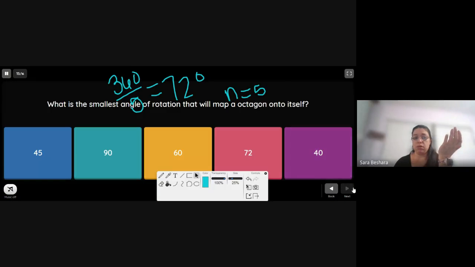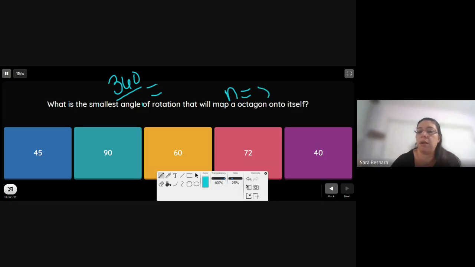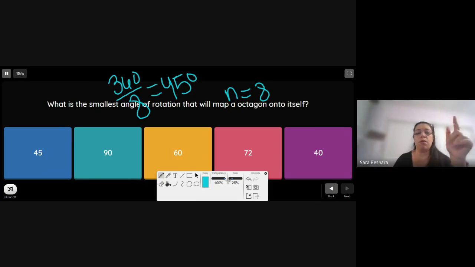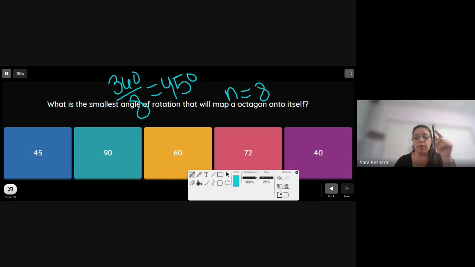Let's try one more. What is the smallest angle of rotation that will carry an octagon onto itself? Octagon, n is 8. You see how it comes back to something we learned in polygons? When you do 360 over 8, it will give you 45 degrees, and again there are multiples.